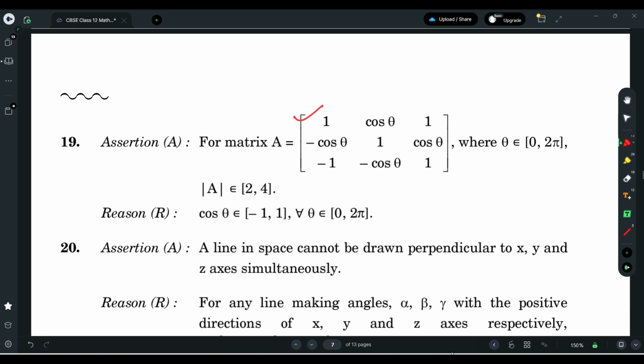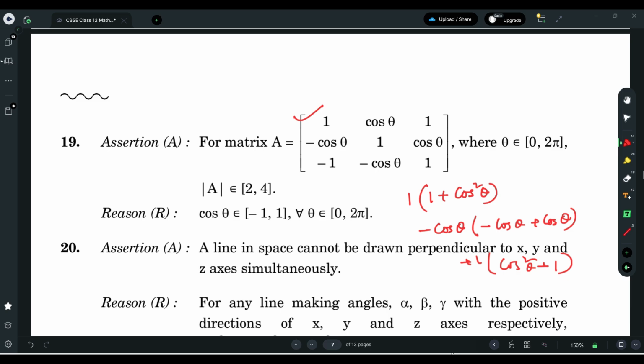So what is it? 1 into (1 minus cos square theta, 1 plus cos square theta), plus cos theta into minus cos theta, and minus cos theta plus cos theta, and then plus 1 into (cos square theta minus 1).